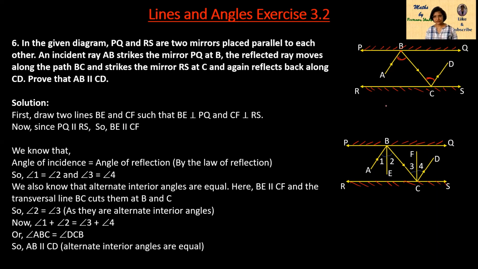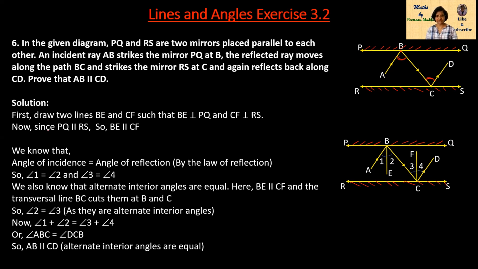So first, this was the diagram which was given in the notebook, but we have extended some lines here. So here we are drawing again. Here BE is the perpendicular line which we draw from the surface PQ, so BE is perpendicular to PQ.